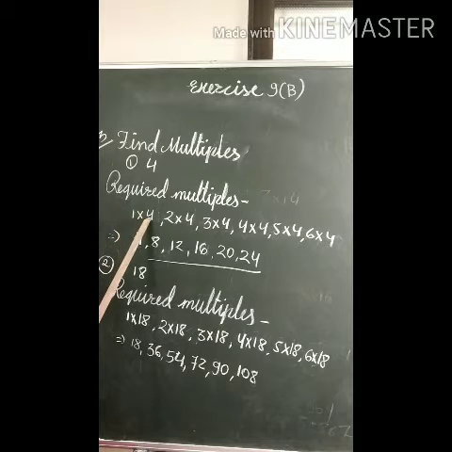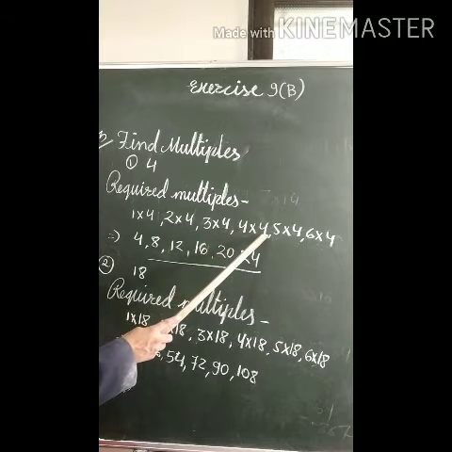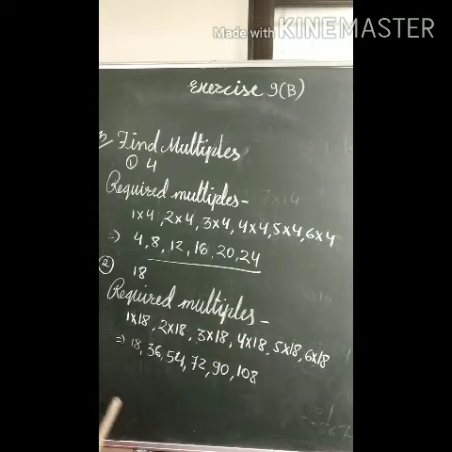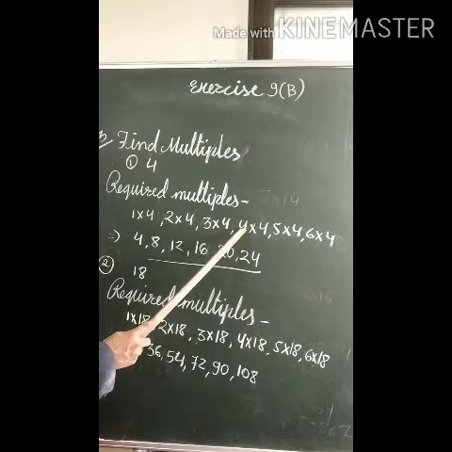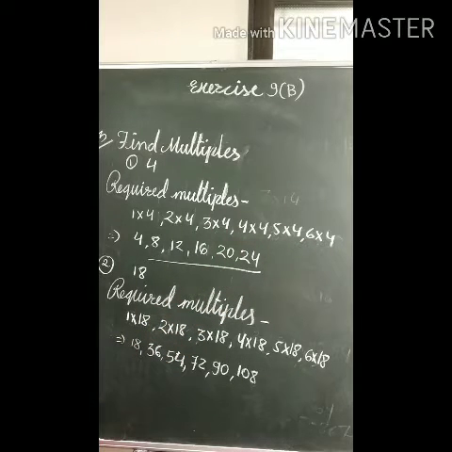So 1 multiplied by 4, 2 multiplied by 4, 3 multiplied by 4, 4 multiplied by 4, 5 multiplied by 4 and 6 multiplied by 4 will be the multiples of 4. So the answer will be 4, 4 twos are 8, 4 threes are 12, 4 fours are 16, 4 fives are 20 and 4 sixes are 24.